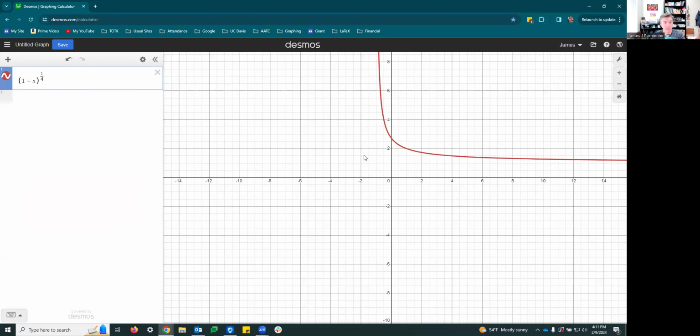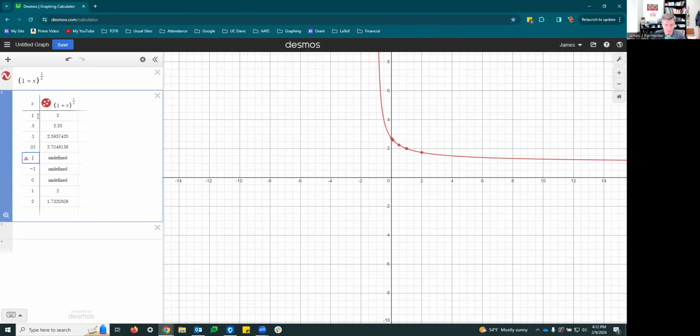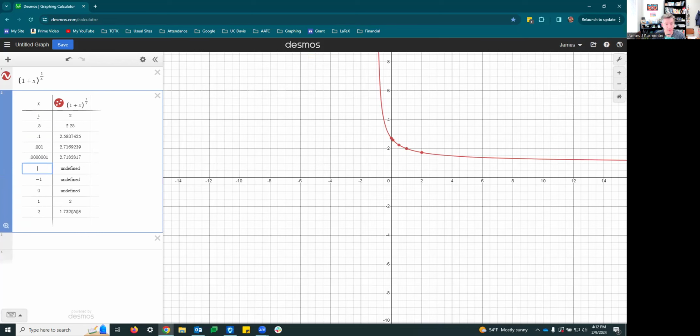But you can see here, if I look at the table, for values of x getting closer and closer to 0, so I'm going to plug in like 0.1, 0.01, 0.001, you're getting very, very close to a number that we recognize as being e.